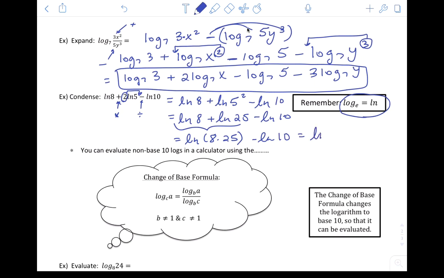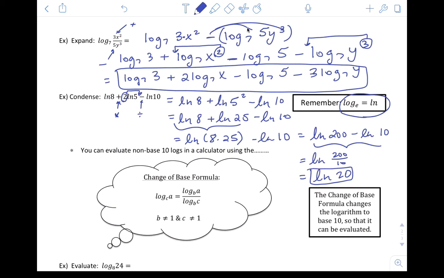And I believe 8 times 25 is 200. And now when you subtract them, they're divided. So our condensed final answer is the natural log of 20.